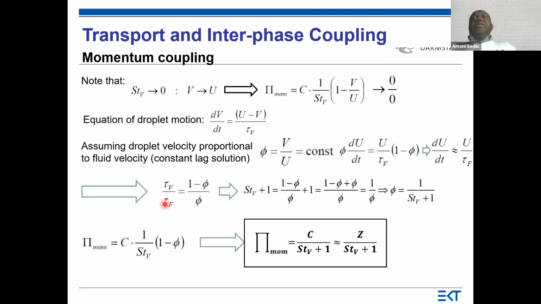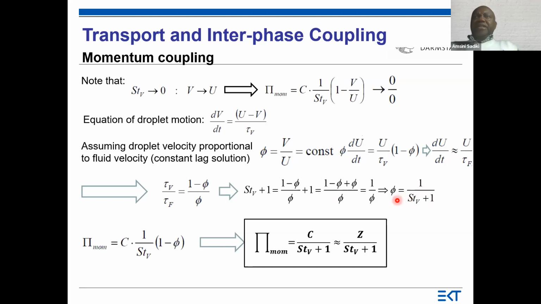We have the Stokes number based on the particle relaxation time, or the dynamic relaxation time. And for that, we have the Stokes number here. We add 1 on both sides to transform it correctly. Then we get from this transformation that phi is equal to 1 divided by this sum here.